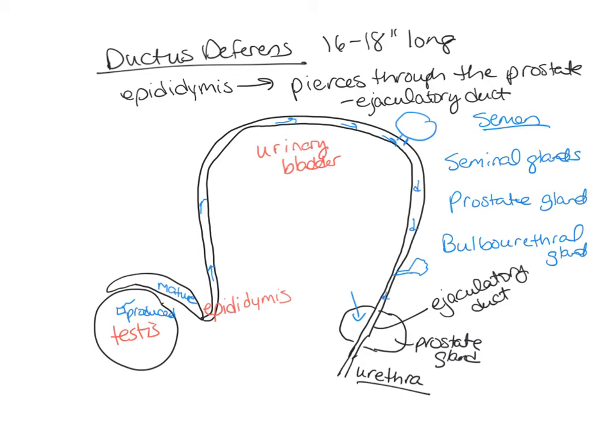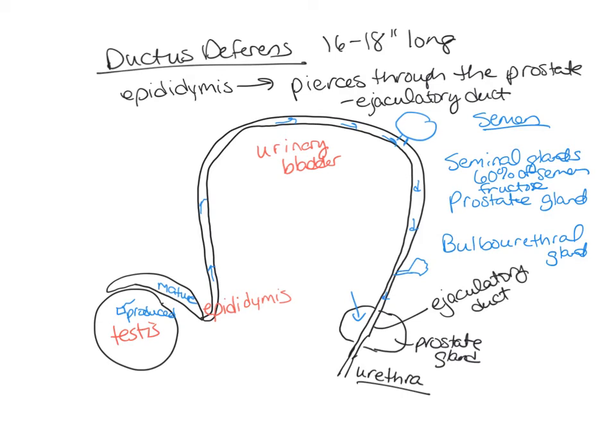The seminal glands produce about 60% of semen. It has a high concentration of fructose. Fructose is used by the sperm to produce ATP, which is needed for the flagella to move.